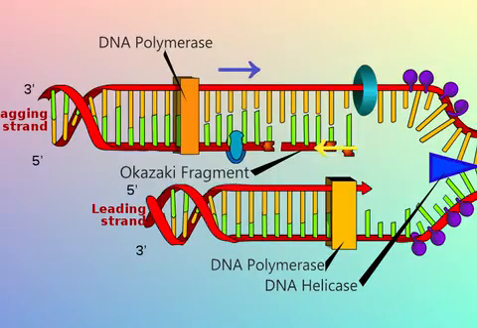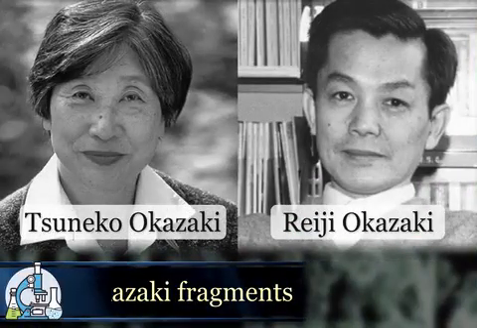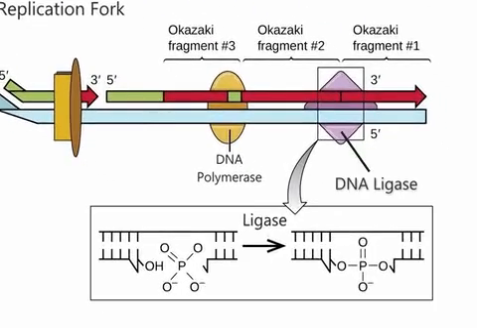The other strand, moving in the opposite direction, is going to be built in what are called Okazaki fragments. And Okazaki fragments are named after the scientists that discovered them. They basically have breaks in between them. And so you have a continuous strand moving in one direction, and then you have the discontinuous strand, which is being built in fragments moving in another. Another enzyme called DNA ligase comes in to link the pieces together to make a single strand. So those fragments, it's going to join them all together.